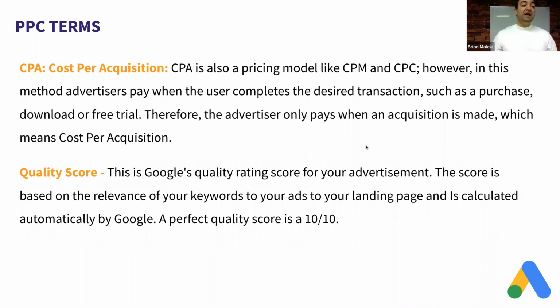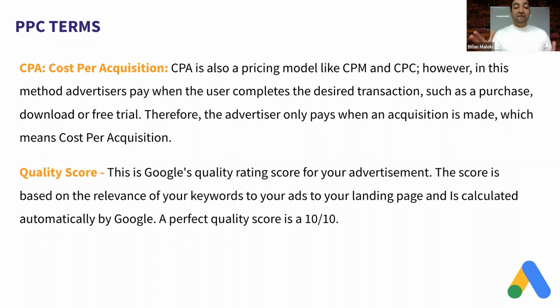And after that, we have CPA, cost per acquisition. So it's very similar to CPC. Okay, CPC is cost per click. Actually, we are paying Google for each click. And those people who click on our ads might convert or might not convert.